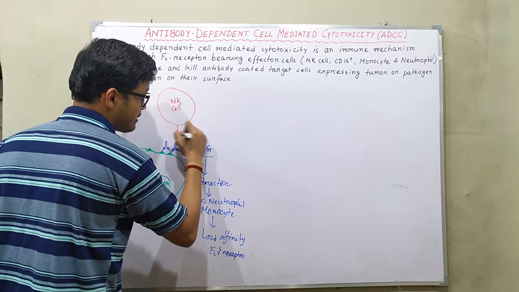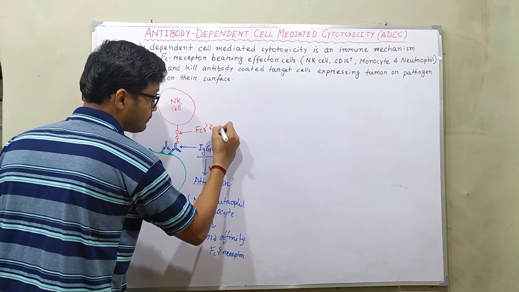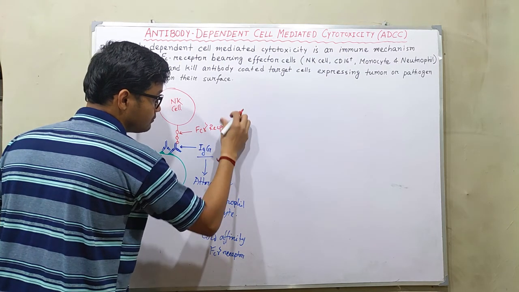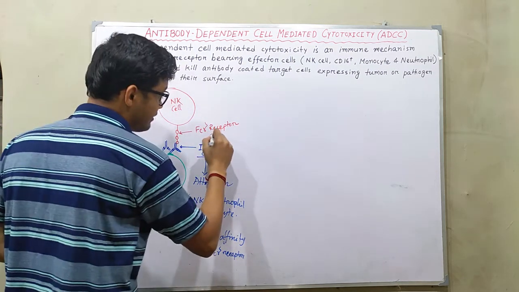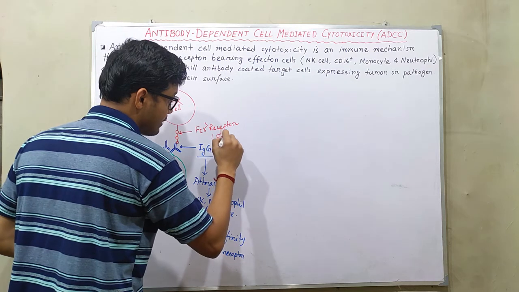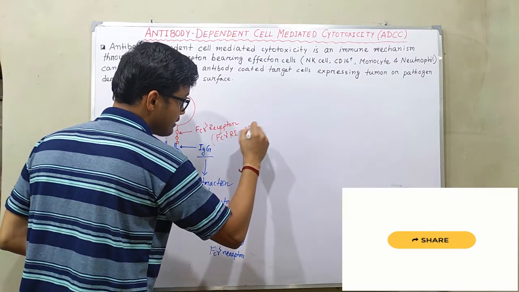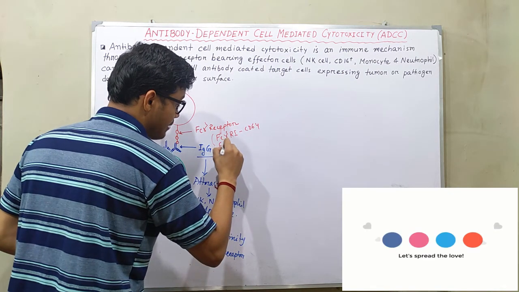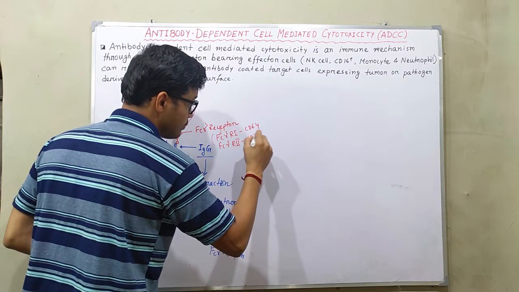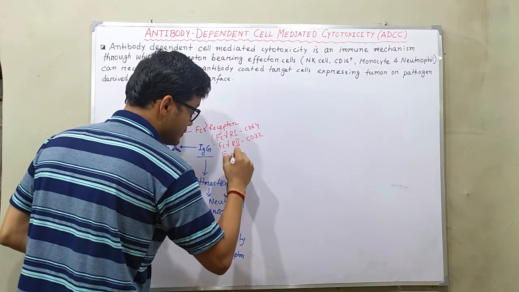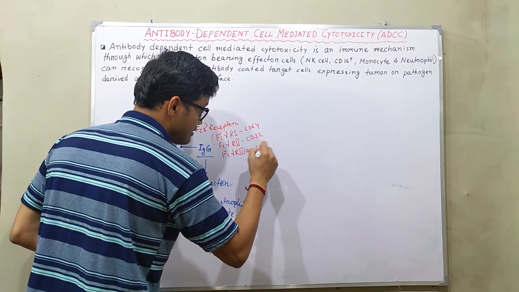These receptors are of three kinds: Fc gamma R1, also known as CD64, Fc gamma R2, known as CD32, and Fc gamma R3A, known as CD16.